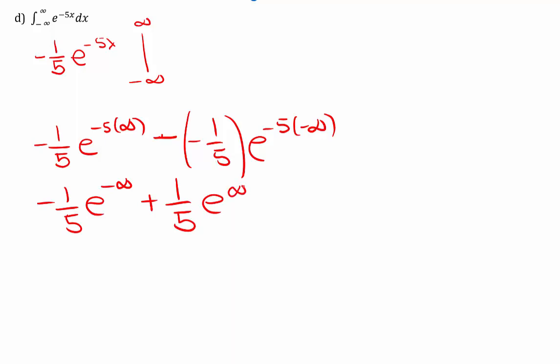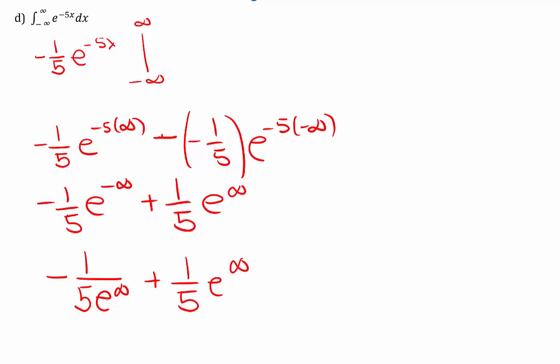And usually when I'm dealing with e to the infinity or e to the -infinity, I like to rewrite the terms so the exponents are positive. And so that e to the -infinity, you could write as 1 over e to the positive infinity. And that helps me see what's happening here. The first term, the -1 over 5 e to the infinity, has the infinity on the bottom.